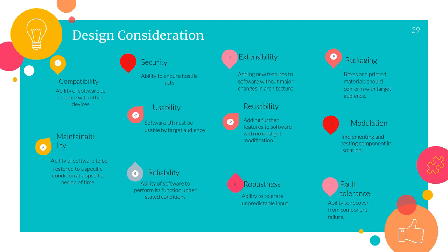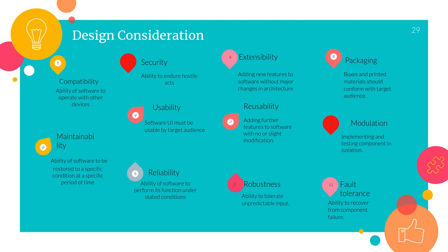And then extensibility. So the system should be highly extensible to the extent that you can add new features to the system without making major changes in the architecture. And this one is made possible mostly when you modularize your application. And then reusability.